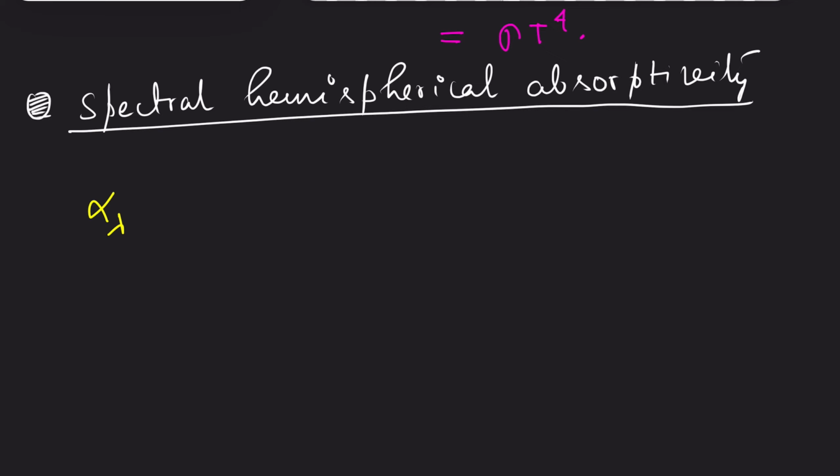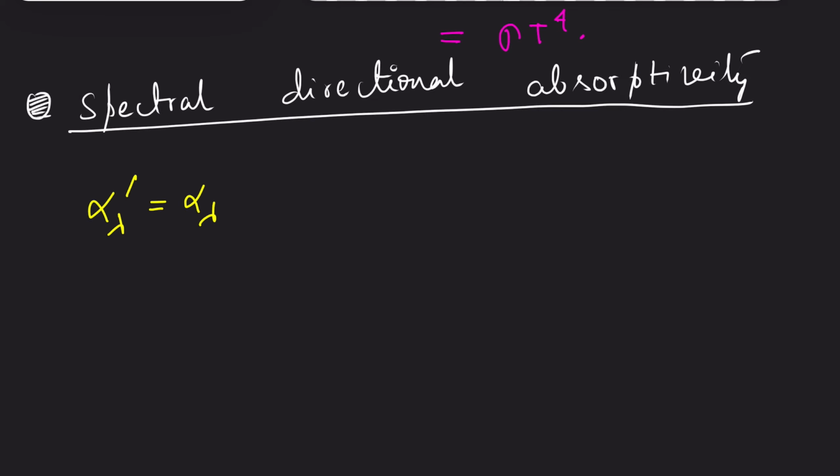Sorry, I have to start not with hemispherical but with the most general case, that is directional. You know that I have to put the dash here also, and it is a function of all the things: theta, psi, lambda, t.